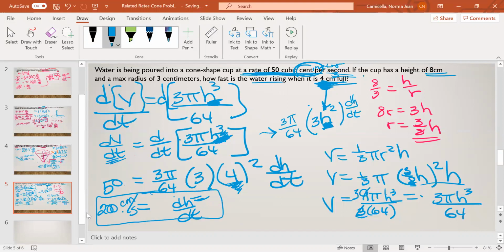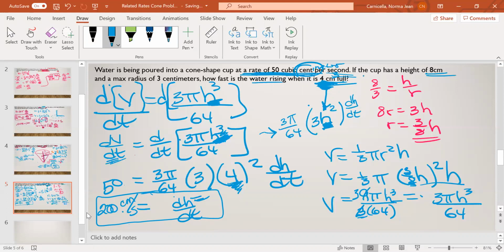So just understand that for your cone problem, you've got to understand some things. You see the question, it's talking about a rate, so you're dealing with a related rates problem. It's a cone, so you're probably going to be using the formula for a cone. If they give you some kind of relationship, which will always be constant, between the radius and the height of the cone, you're good.